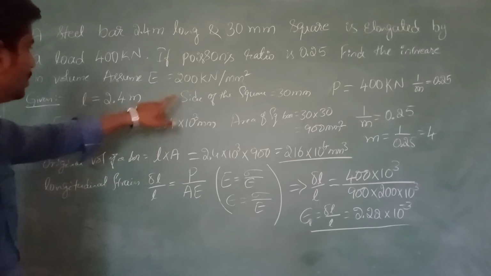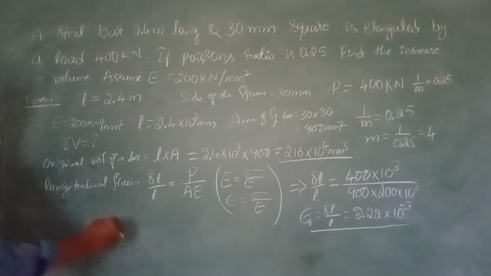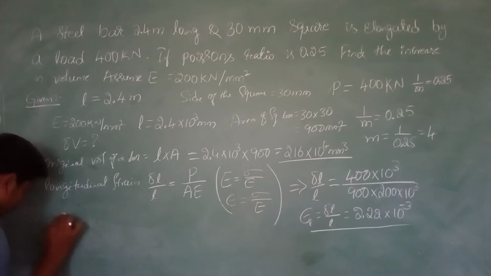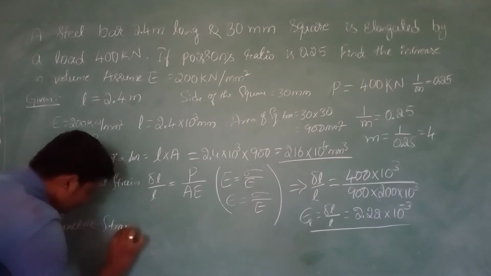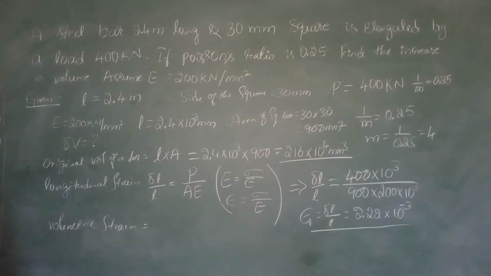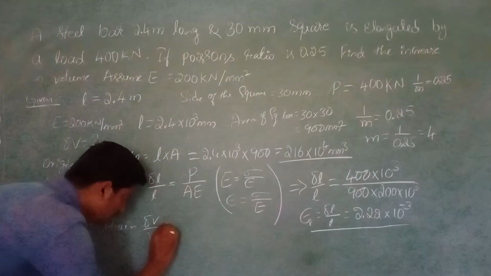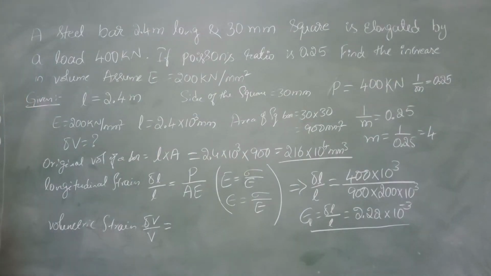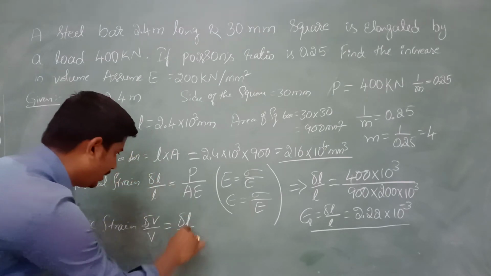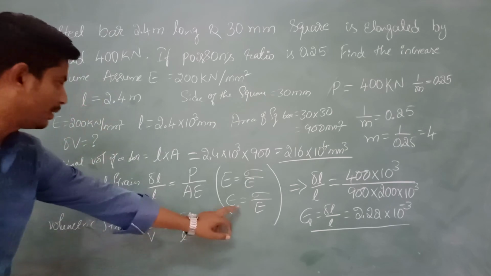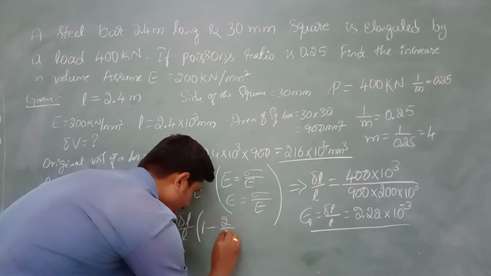By using the relation of E and Poisson's ratio, we can find the volumetric strain. The volumetric strain, delta V divided by V, is equal to delta L divided by L, which is epsilon, into 1 minus 2 divided by m.